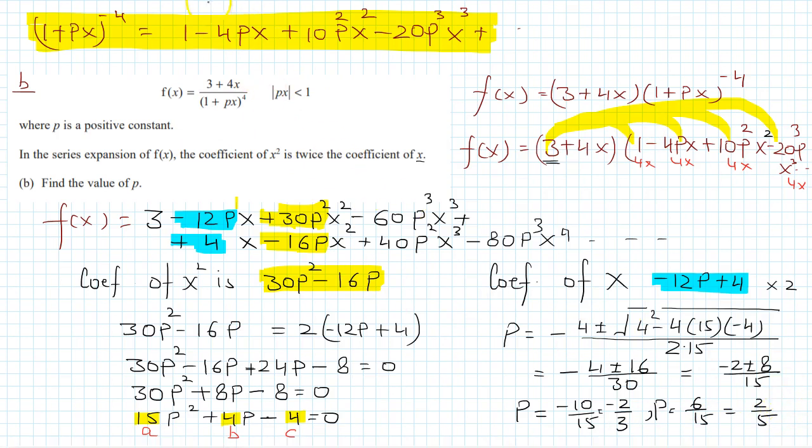So our answer to find the value of p is 2 over 5. Do you know why I have not taken this value? Why the value is 2 over 5 and not this?